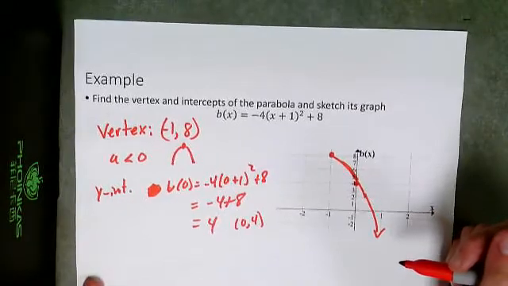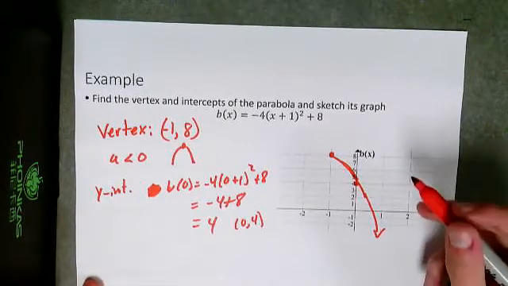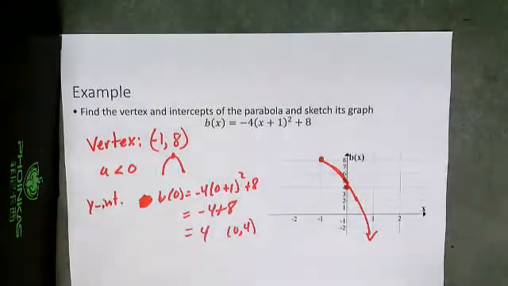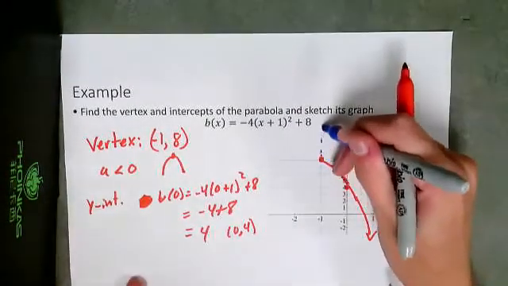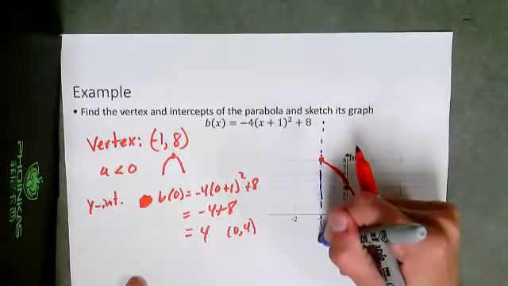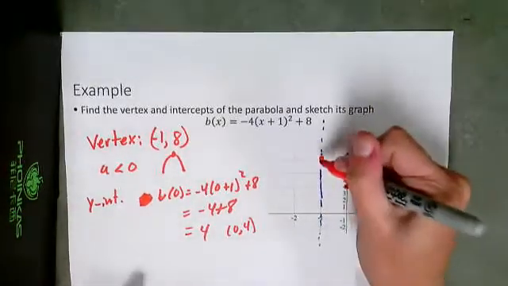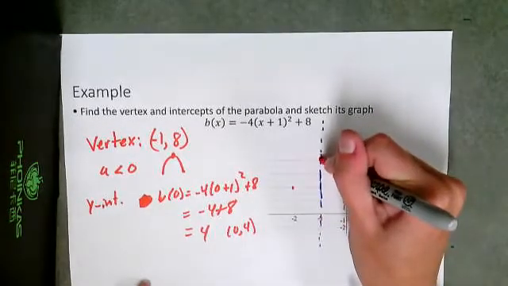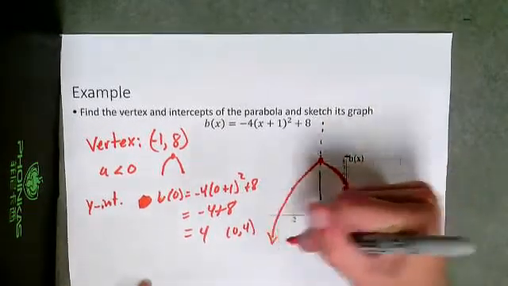Now to get the other arm, parabolas are nice because they have what we'll call the axis of symmetry. We'll talk a little bit more about this in this lecture in a second. Along this axis, it's reflexive.